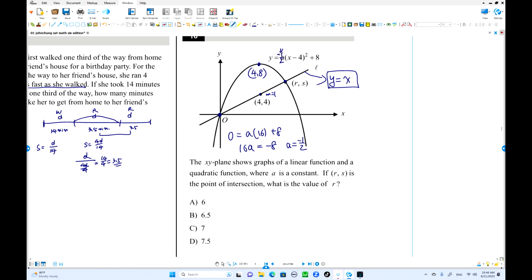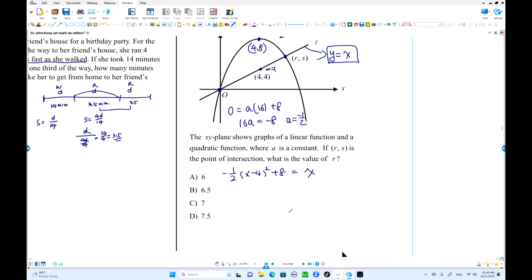Now we're going to find the intersection. Negative 1 over 2 times x minus 4 squared, and plus 8 equals x. So times both sides, okay? Times 2 is better, right? But it's okay.